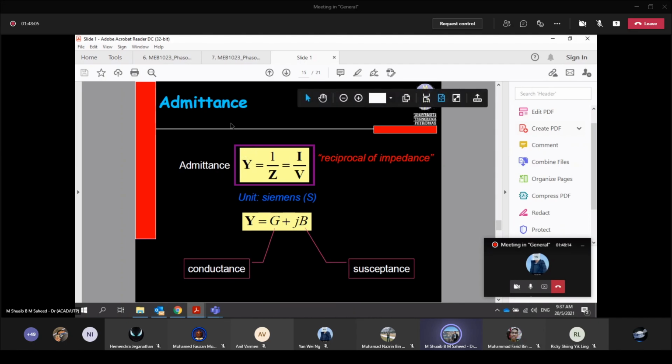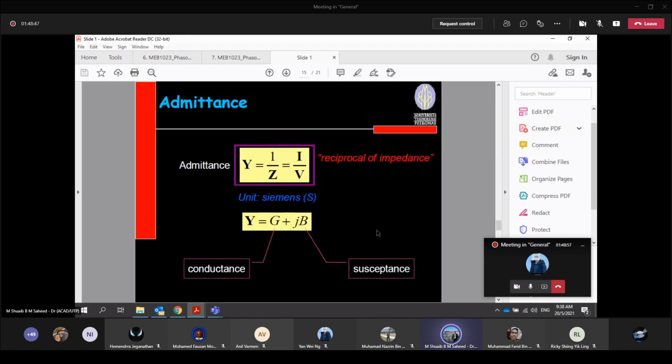For admittance, the symbol is Y equivalent to 1 over Z, or I over V in the form of Ohm's law. The unit is Siemens, S, or the inverted ohm symbol. And Y will be G plus jB. G is the conductance for the R, B is the susceptance, the reciprocal of reactance.